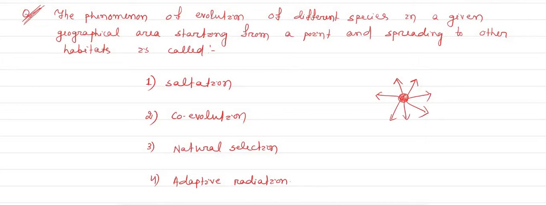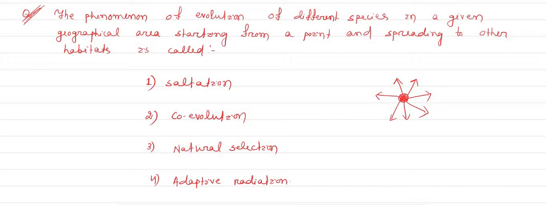That means they radiate from one origin, the point where they evolve, and spread to different areas for their survival, because in one place, though the population will grow, there is competition for food and shelter.